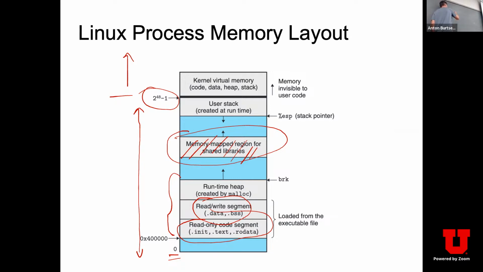So the text and then the data section of a program were allocated, and the loader itself was part of the kernel. When the program was loaded from disk, it first reads the a.out header, then reads the program header table, which essentially says, look, those are the parts of the program which will be loaded in memory.